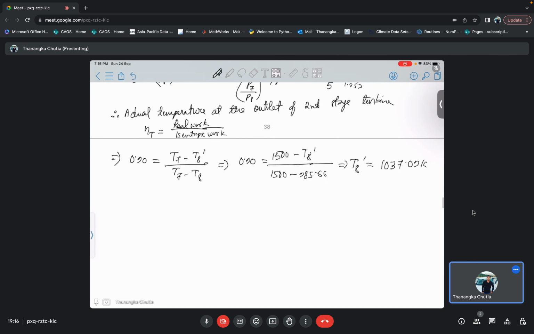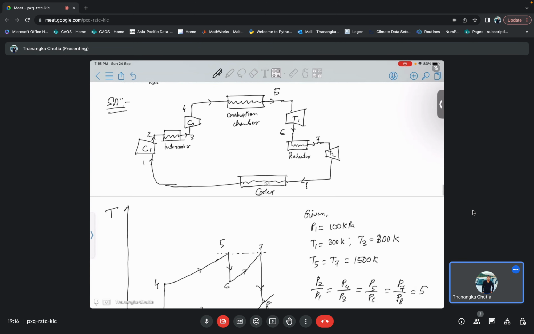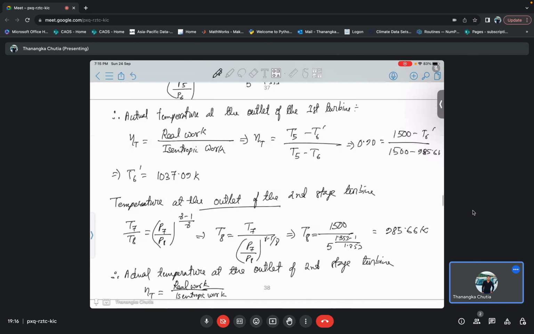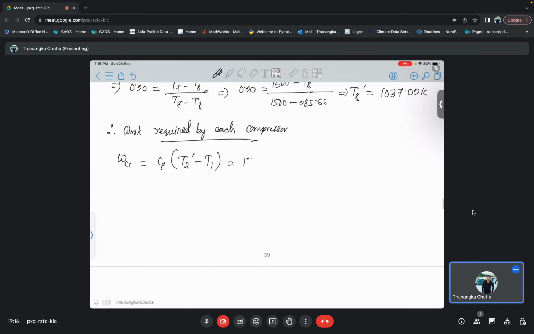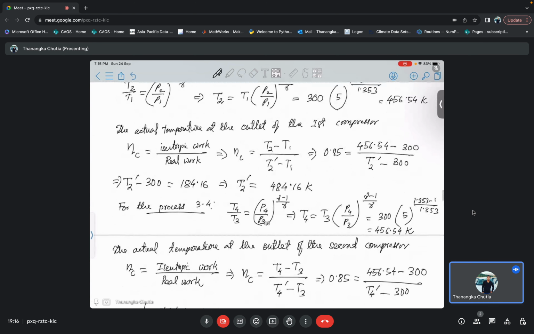Now therefore work required by each compressor, WC1, that is Cp times T2 prime minus T1. What is the Cp value they are given? 1.10. What is T2 prime you have got? 484.16.